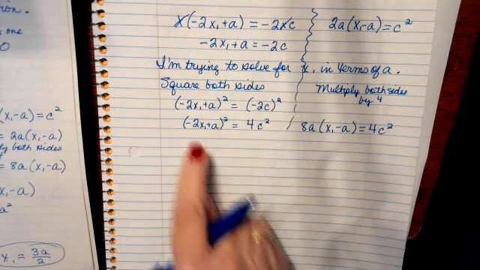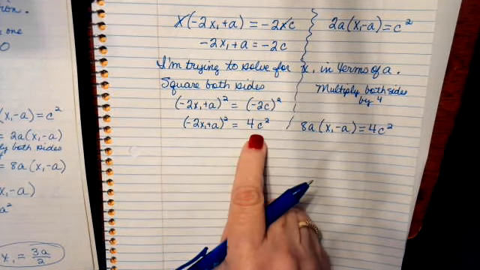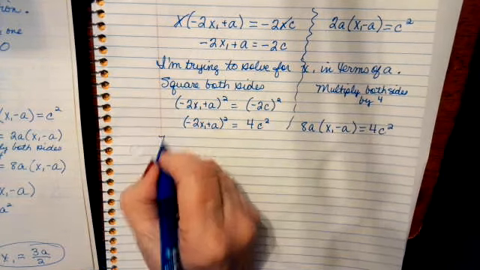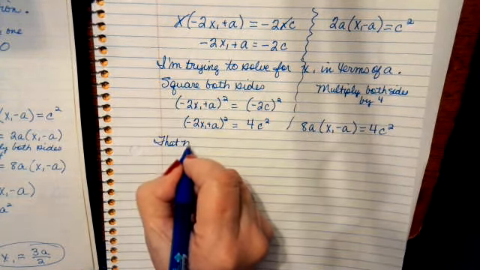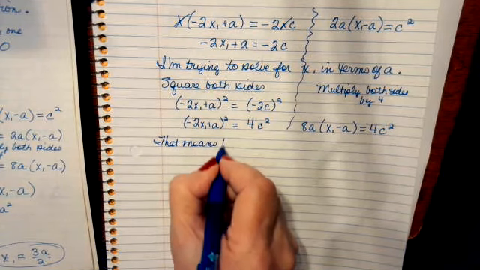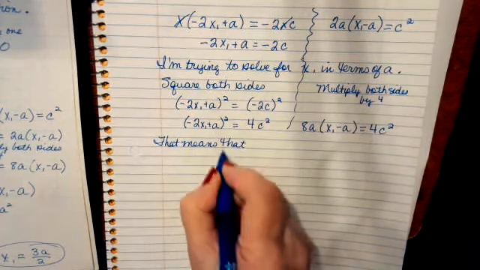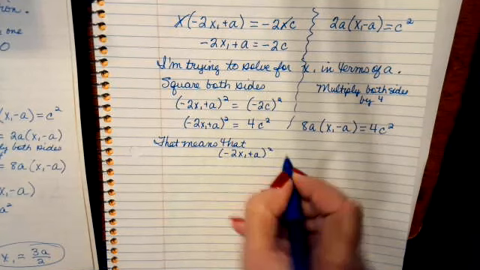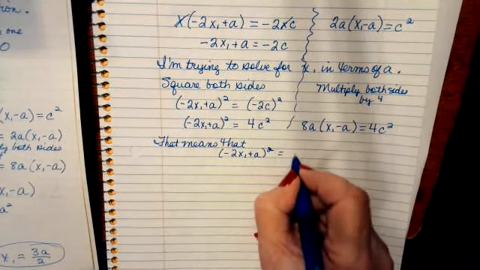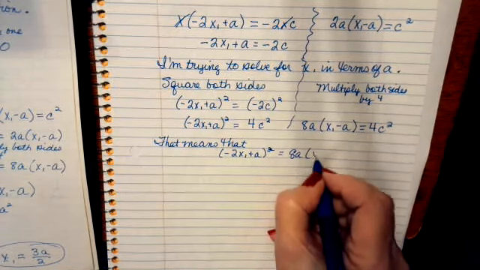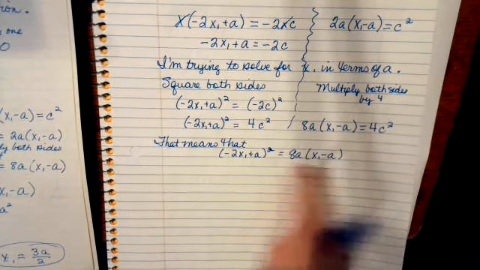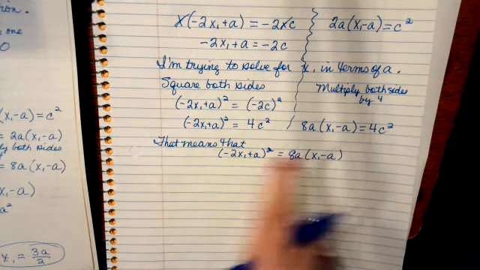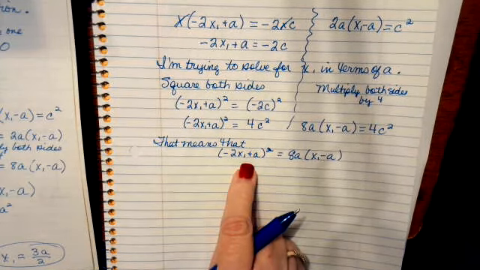Oh my gosh. This equals 4c squared, and this equals 4c squared. That means negative 2x1 plus a, squared, must equal 8a times x1 minus a. Now look, I've got an equation that just has x1 and a in it. If I can solve this equation for x1, I've done it.